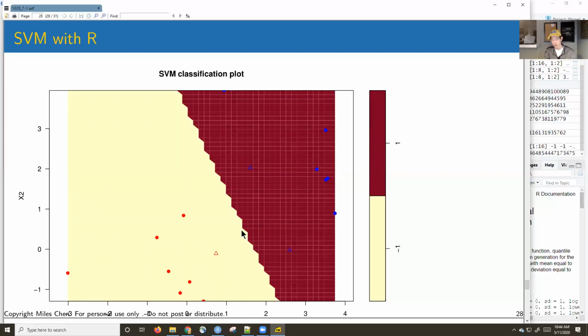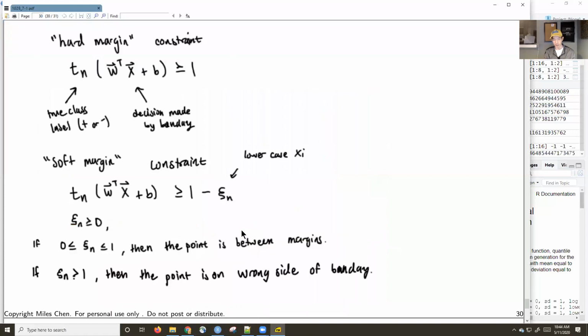And so on Friday, we're going to look at applying what's called the kernel trick that will allow us to search for boundaries that are nonlinear. Okay, but for today, we just introduced drawing a linear boundary and some of these concepts of drawing a margin and also allowing for a soft margin here. Okay, that's all I've got for you today.